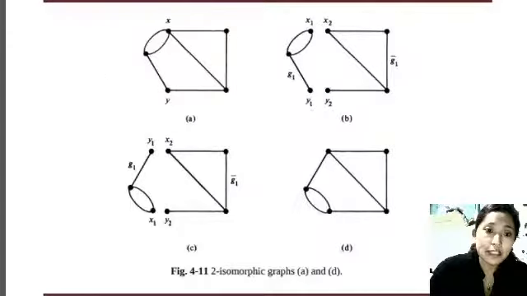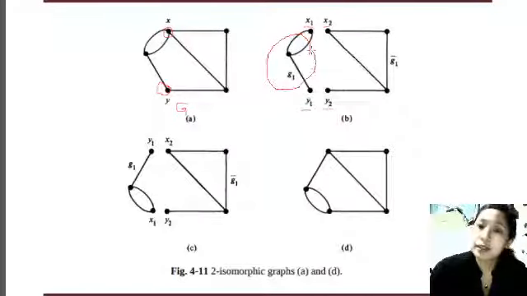So let us say I have this graph G, and I need to prove it is isomorphic to some other graph. For that, we take two vertices x and y and make two copies of each: x becomes x1 and x2, and y becomes y1 and y2. Previously x1 and x2 were connected and y1 and y2 were connected. Now you want to reverse it, so you are simply inverting this particular block.